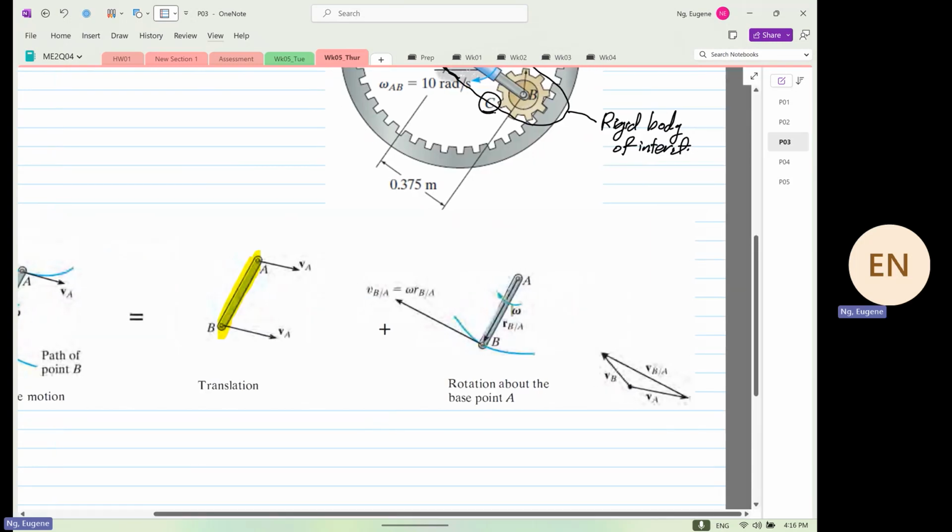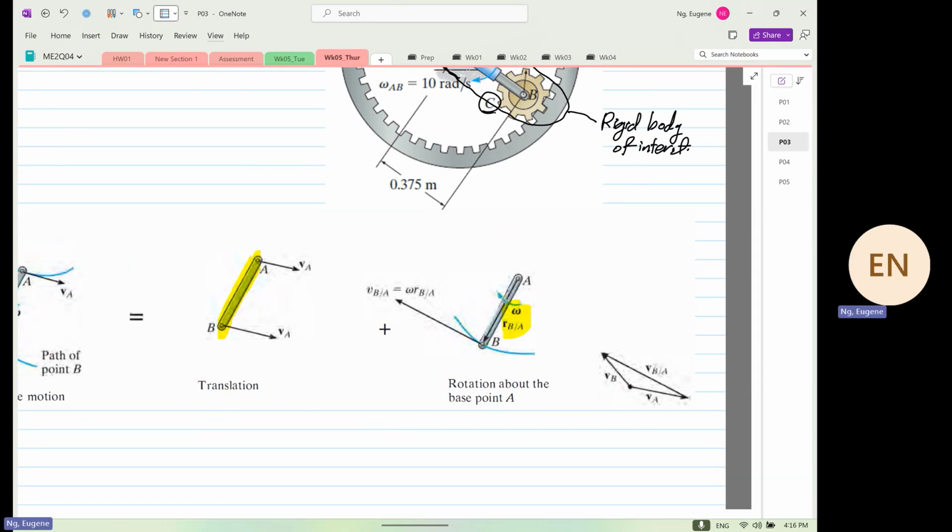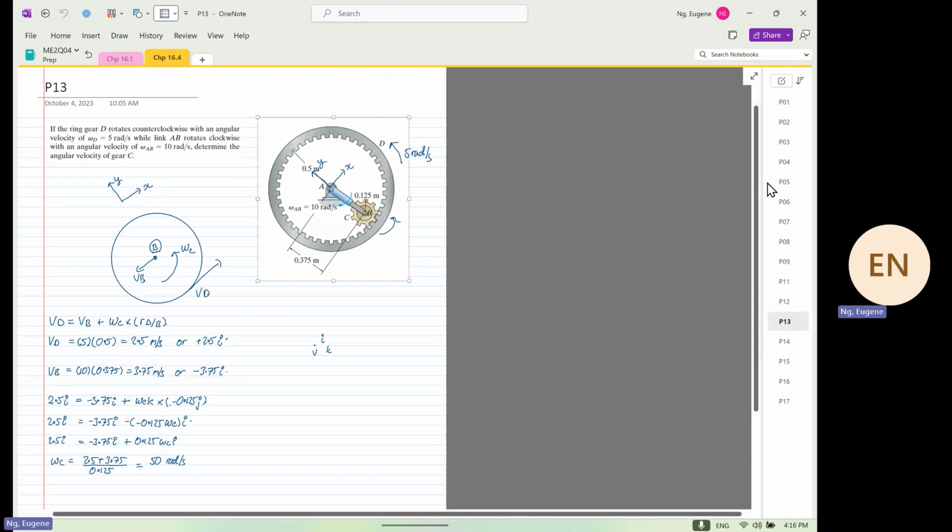Then we incorporate omega and RBA to determine the velocity at point B. Before I stop, I'd like you all to pay attention to this.